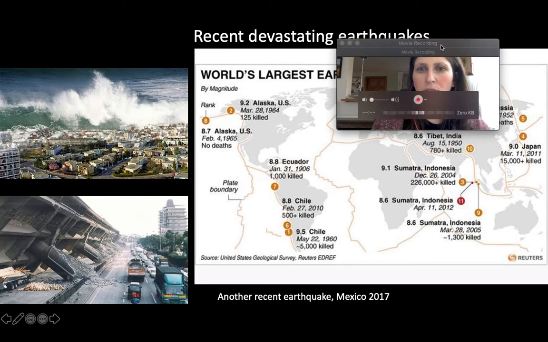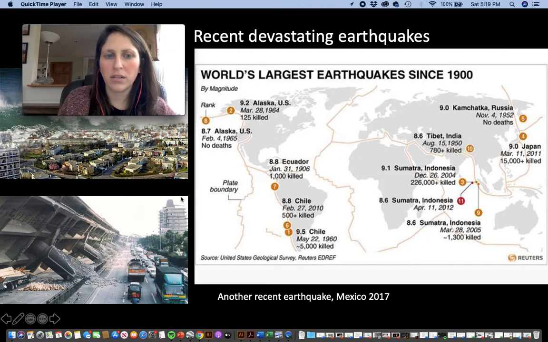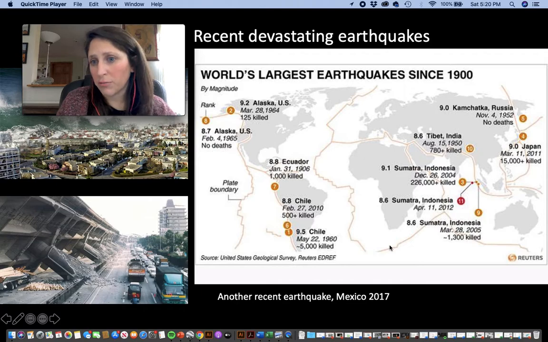Some of the most recent devastating earthquakes. This is a nice diagram showing where the world's largest earthquakes have happened since 1900, and this hasn't been updated. There were some pretty significant earthquakes that have recently happened in Mexico and Puerto Rico.